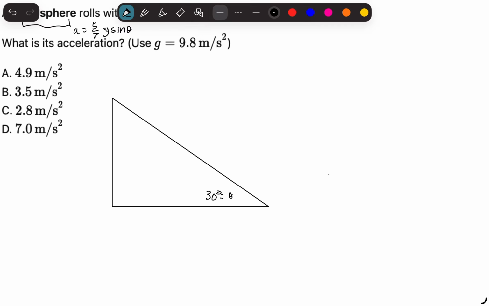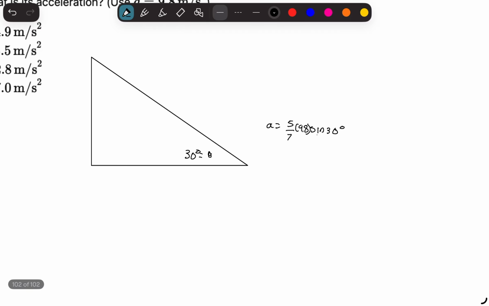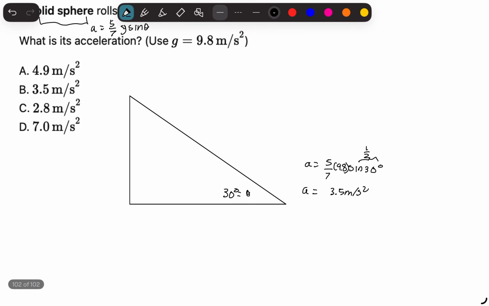So a is equal to 5/7 times 9.8 times sine of 30. Sine of 30 is equal to 1/2. So if you plug this in, a is 3.5 meters per second squared. And that's equal to B.